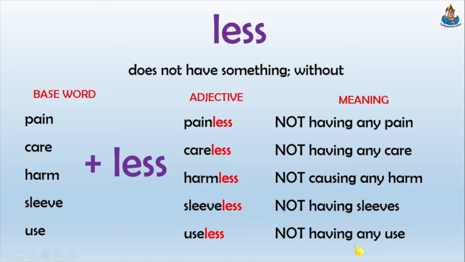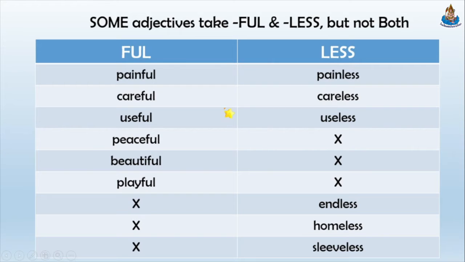So those are just some words that we can add the suffix less to. Then now becomes adjectives. Now there are some adjectives wherein you can use both full and less to a word, but not all, okay?